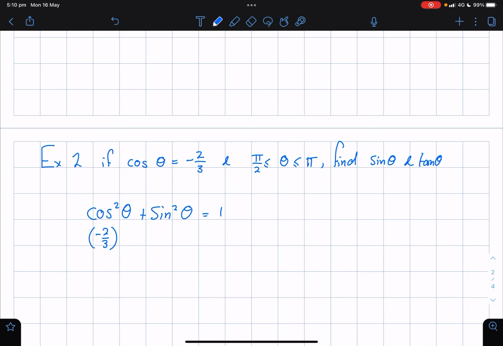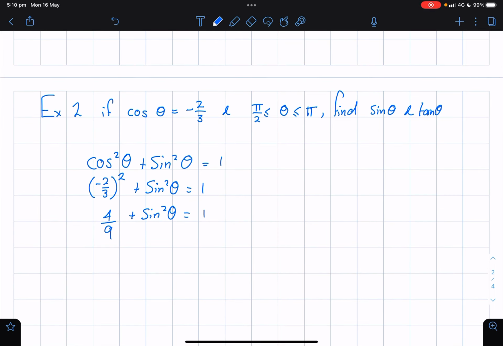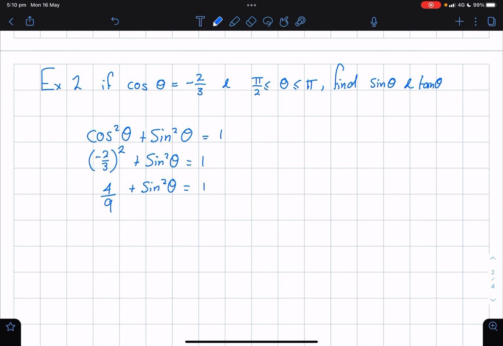We have -2/3 for our cosine value, all squared, plus sine squared theta equals 1. So 4/9 plus sine squared theta equals 1. I've just squared my fraction. Taking that away from both sides, sine squared theta equals 1 take away 4/9, which is 5/9.